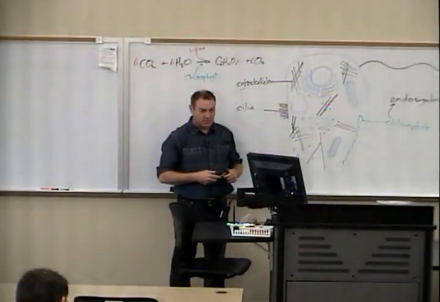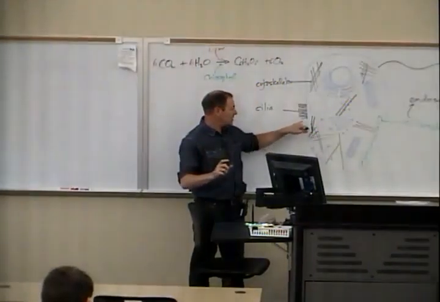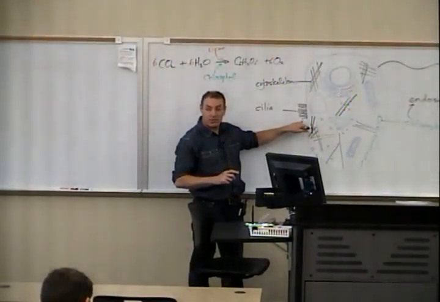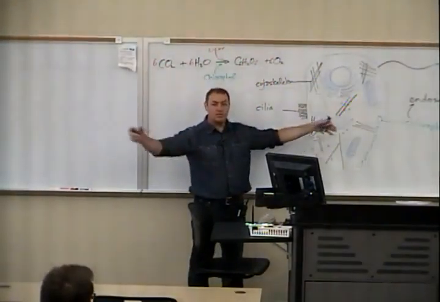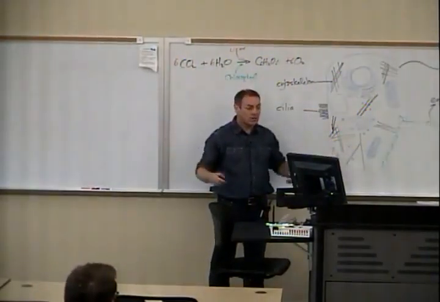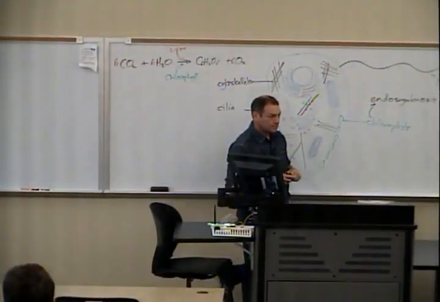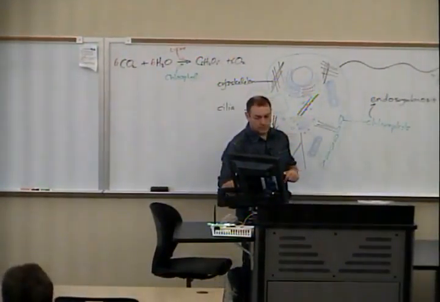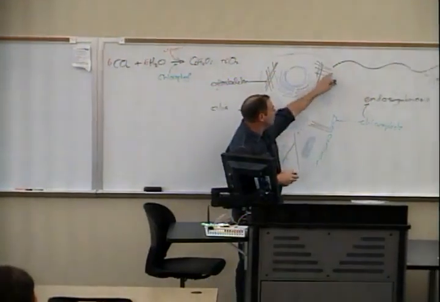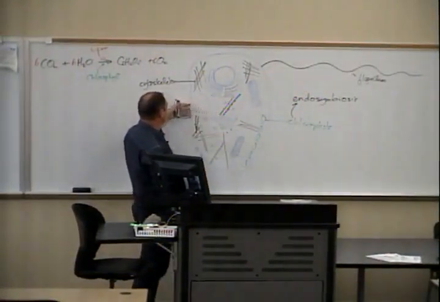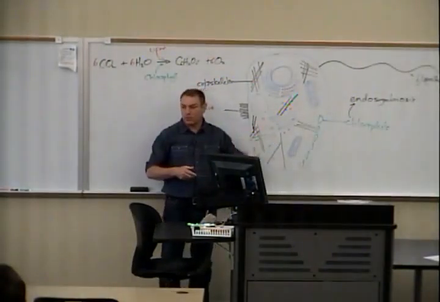So the differences between cilia and flagella: cilia are much smaller than the cell, and there are many of them per cell. A flagellum is usually much longer than the cell, and there's only one or a few per cell. And along the length of the flagellum and the cilia, there are microtubules inside.